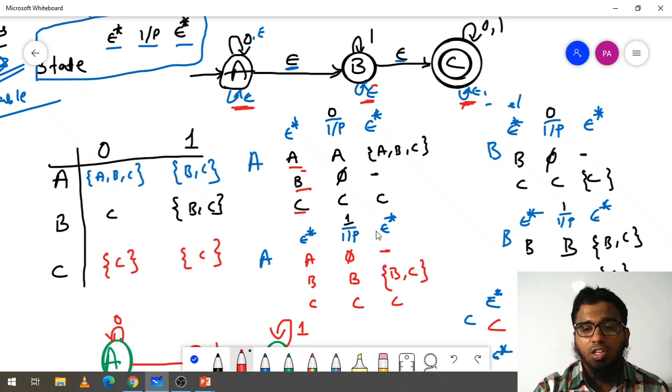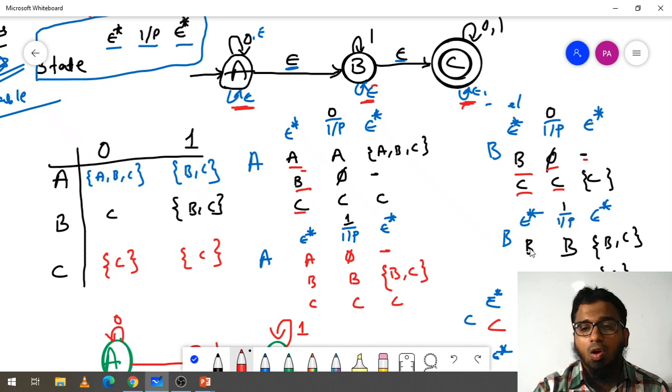So it's the answer. Next, B on epsilon star. What is B? Just now we did here BC. We got the B and C. Then B on 0, we don't have anything, it is phi. Then C on 0 is going to C only. So we will not perform any operation here because it is phi. So C on epsilon, it is going to C only. Next, B on epsilon star.